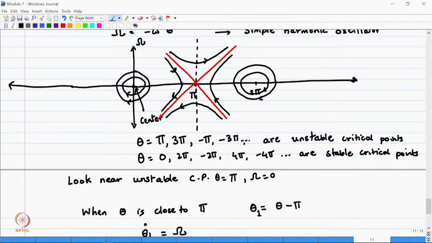Asymptotically, they will start approaching this line, and in this direction, it will look like this. Similarly, the next critical point, 3 pi, will also have the same feature. You will have these two lines, and you will have graphs that look like this.